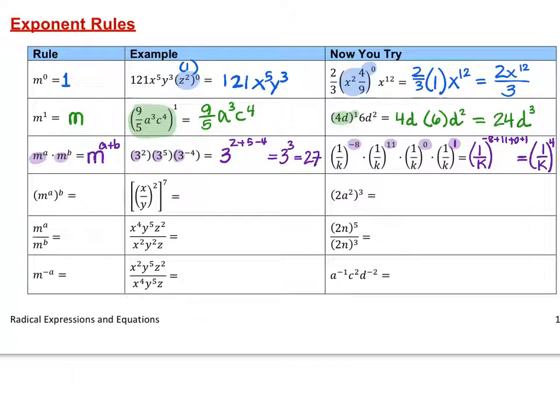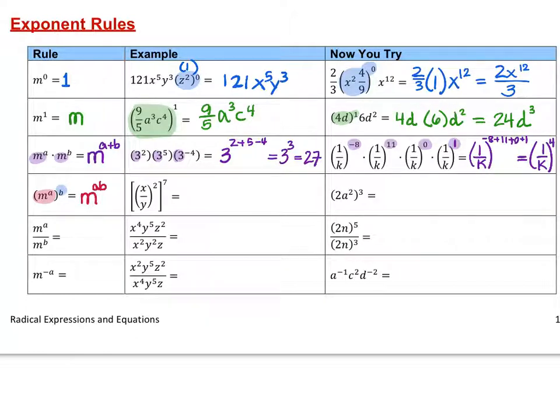This next rule shows a power or a base with an exponent being raised to an exponent. The rule for this is we're going to multiply the exponent. So this is going to have that same base of m, but the exponent is going to be a times b.